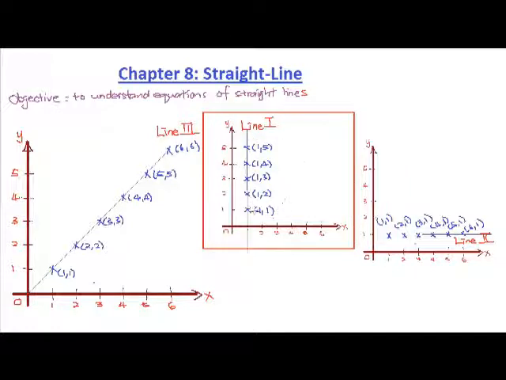When we inspect the coordinates of every point on line 1, we can see that there is something in common. What is the common characteristic of every single point on line 1? Yes, you are right.